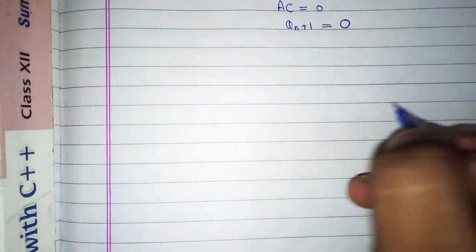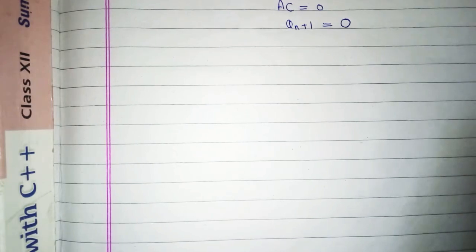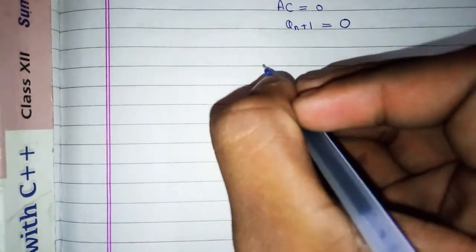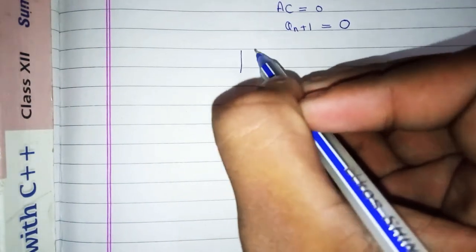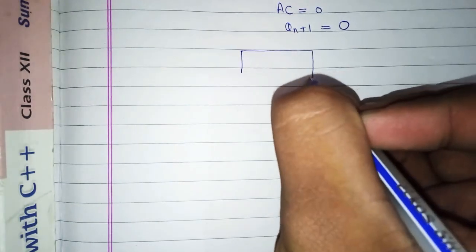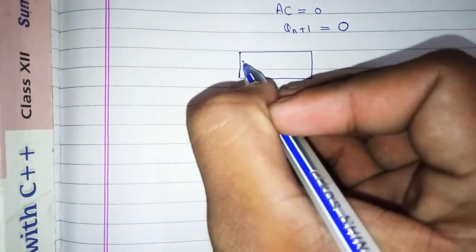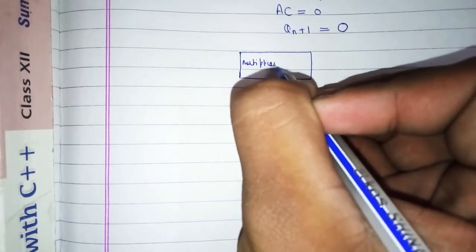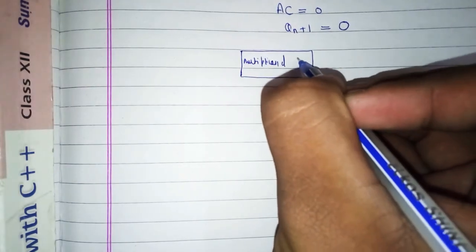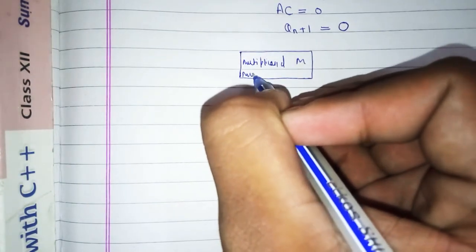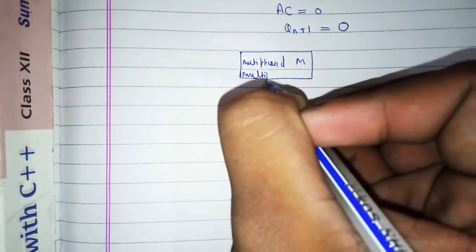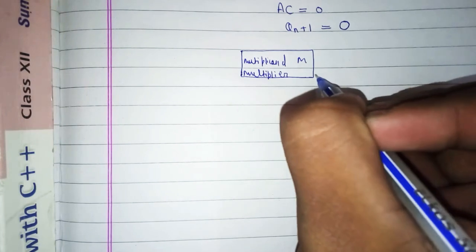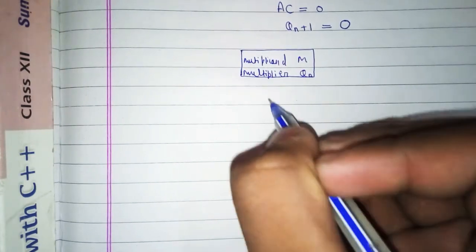So we will see the flowchart, how these operations are performed in Booth algorithm. At first we will make a box that will initialize. So we can write multiplicand, that is m, multiplier, that is qn.